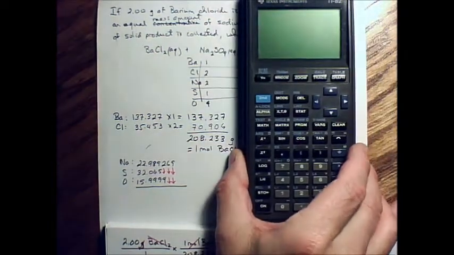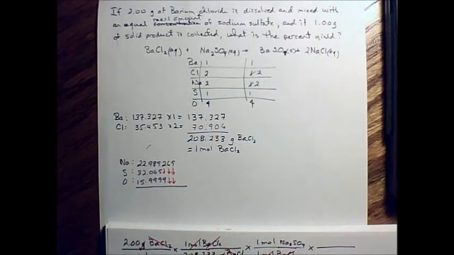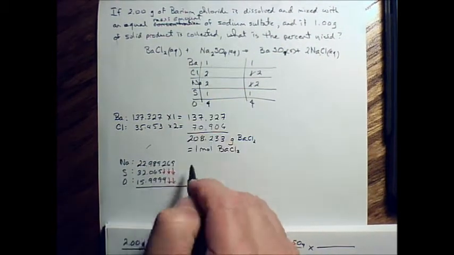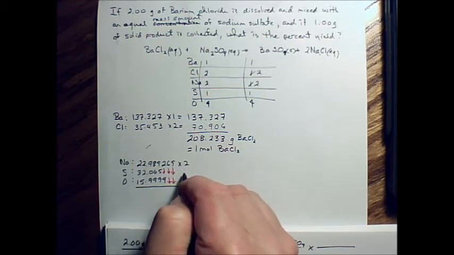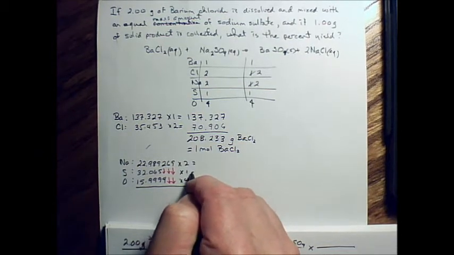But let's add these up now. Oh wait a minute, I've got to multiply. Sorry. So sodium times 2, sulfur times 1, oxygen times 4.